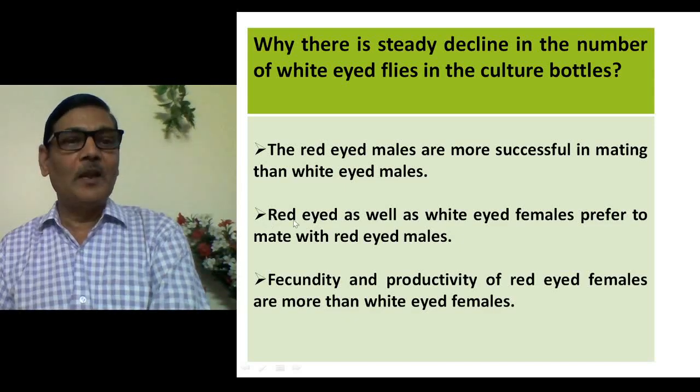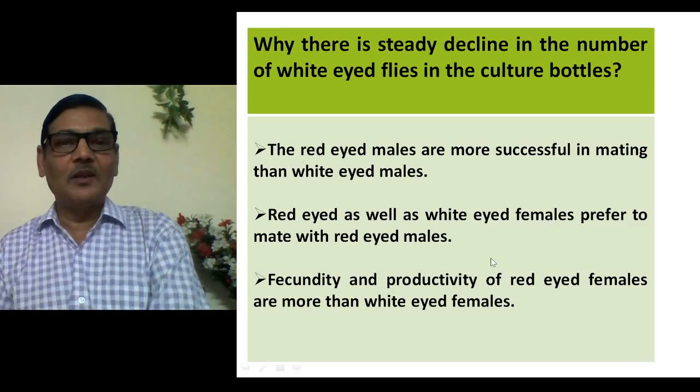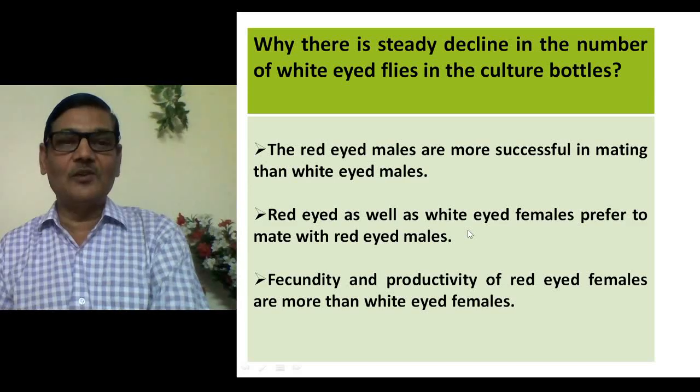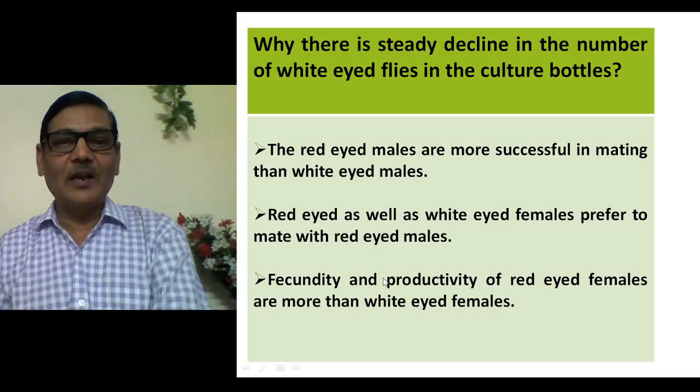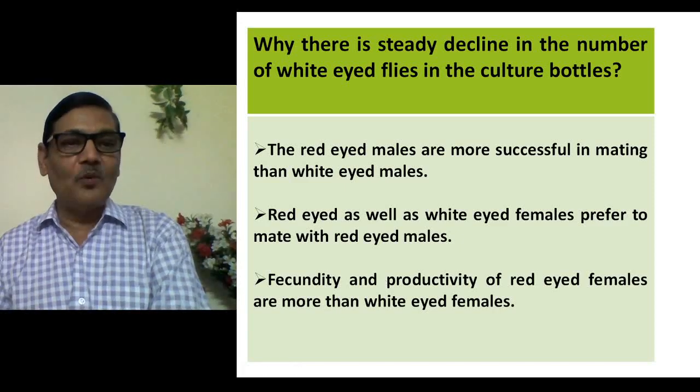The second is that red-eyed as well as white-eyed females prefer to mate with red-eyed males. Both kinds of females, mutant as well as wild type, prefer to mate with the males of red-eyed type. And the fecundity and productivity of red-eyed females are greater than those of white-eyed females.